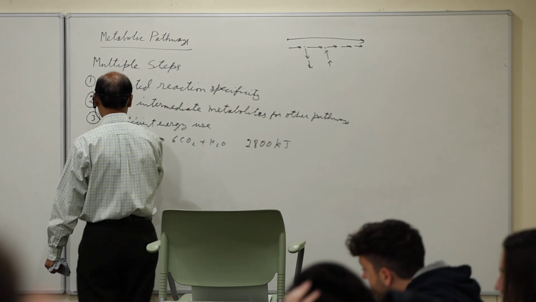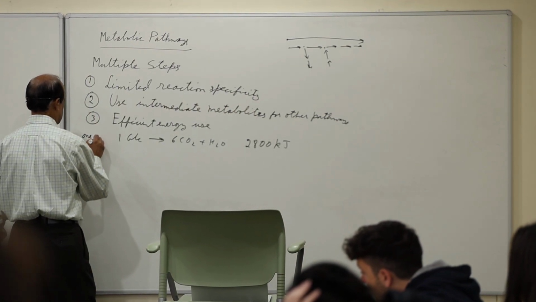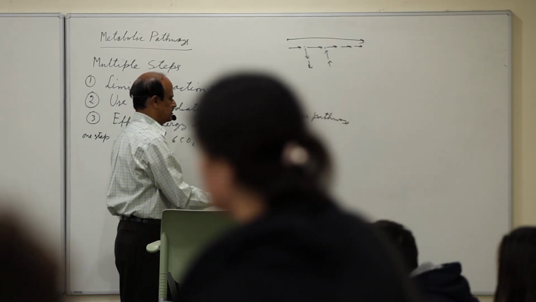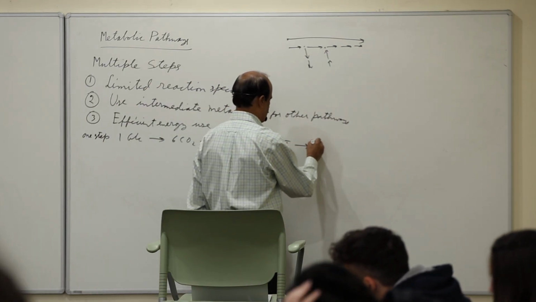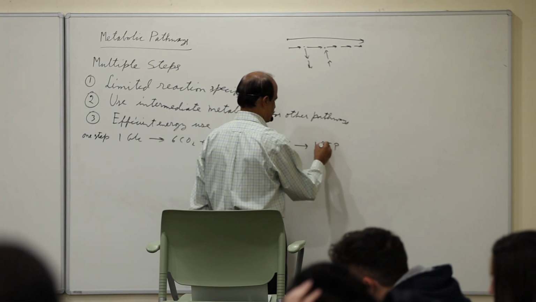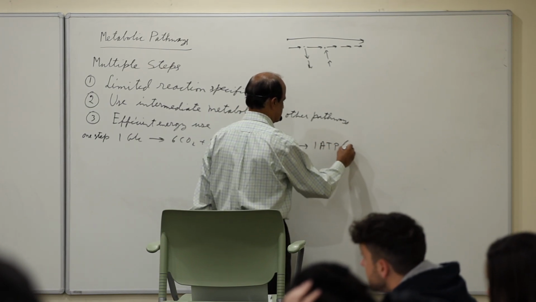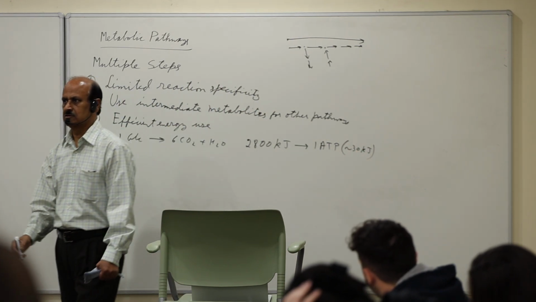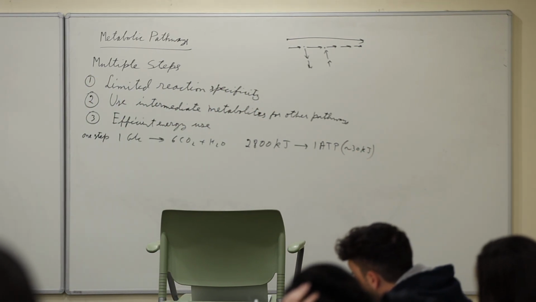If this happened in one step, you release this much energy, then that will give you 1 ATP, and 1 ATP is about 30 kilojoules. It takes about 30 kilojoules of energy to make 1 ATP, and what will happen to the remaining energy?